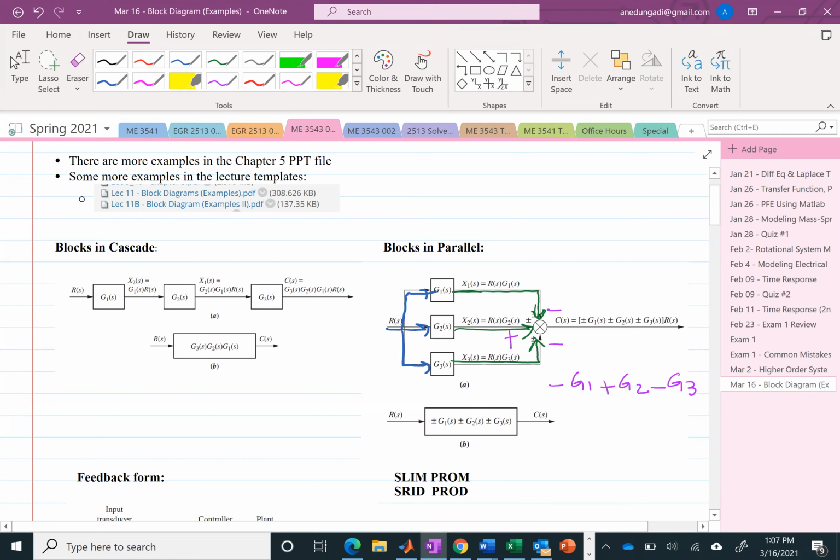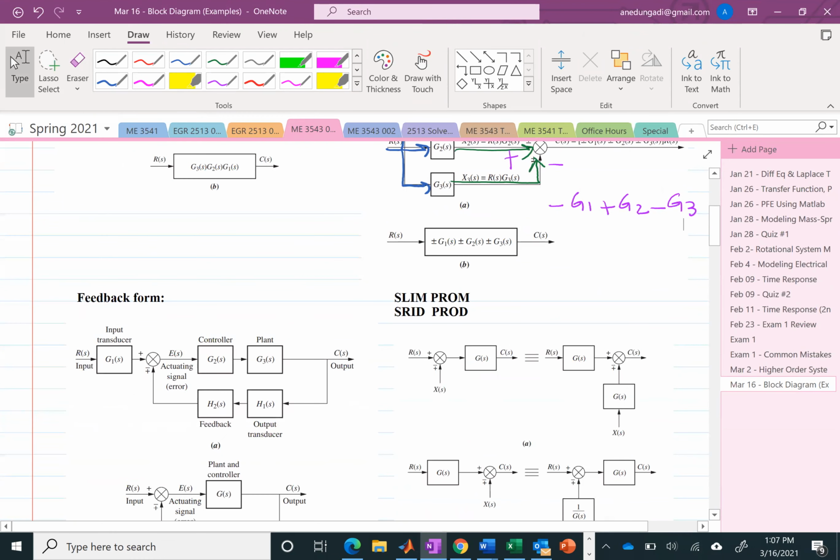Feedback form. You can see that the output of G2 feeds directly into G3. There's nothing going on between G2 and G3. So obviously this is in series, or cascade, I should use the correct term.